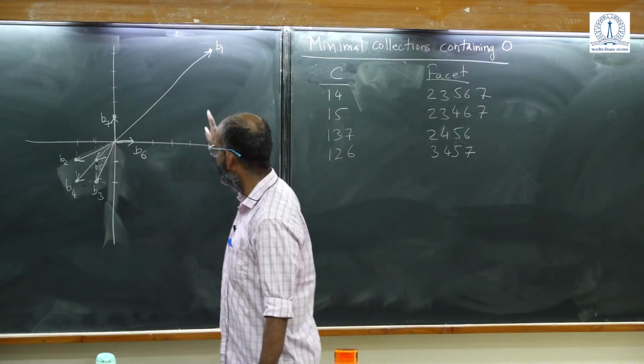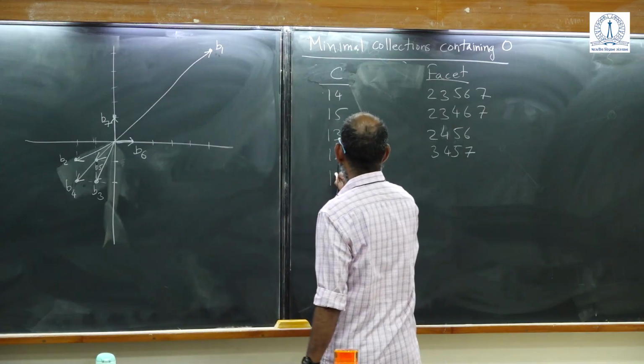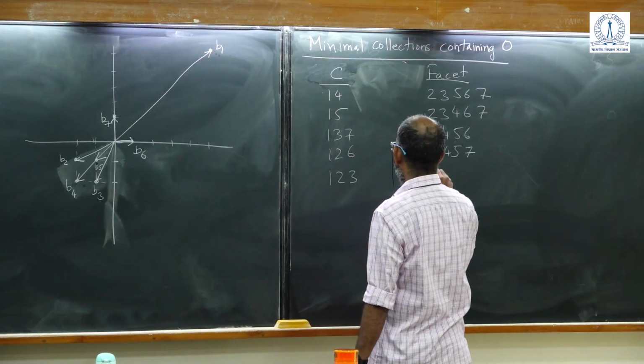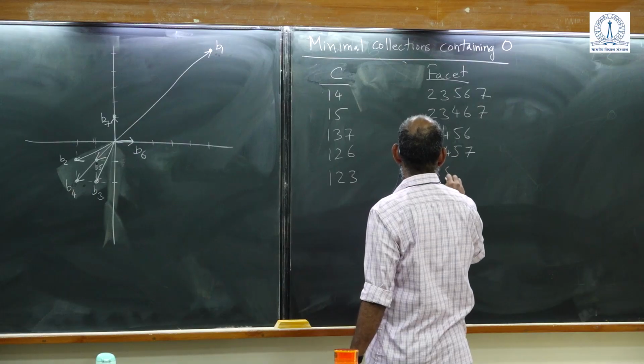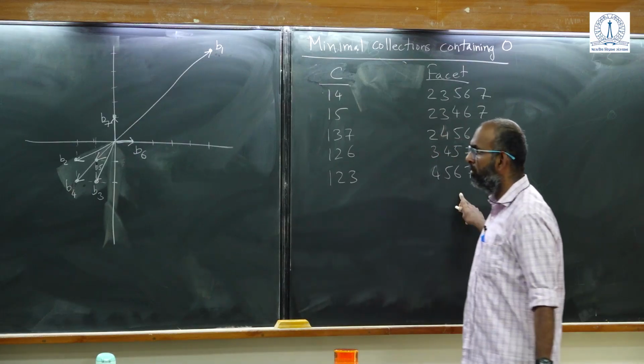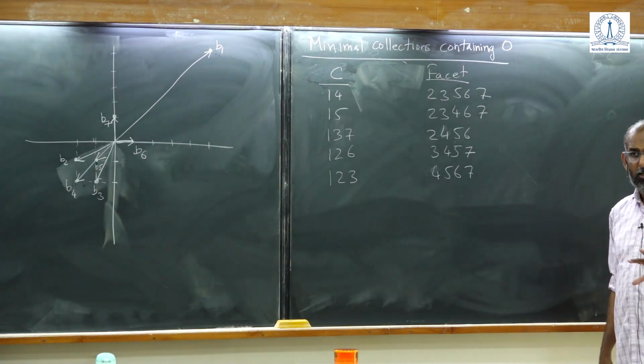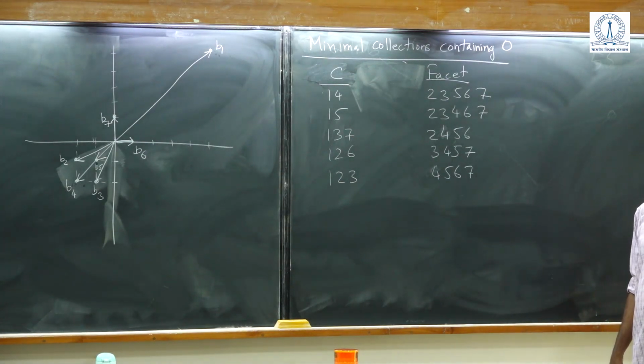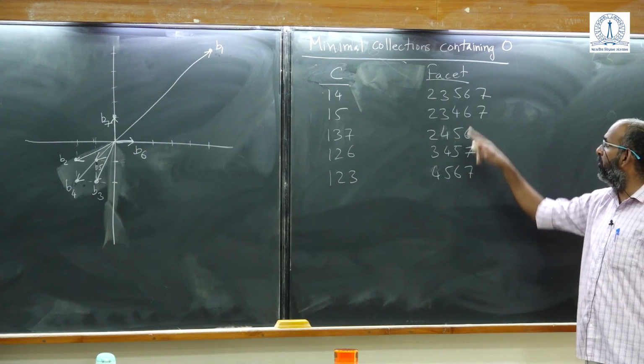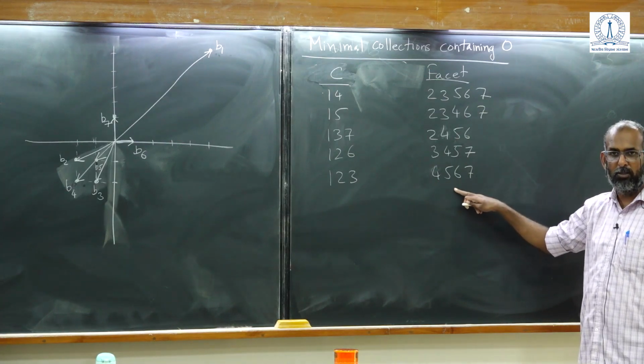Yes, 1, 2, 3 is nice and symmetric. So 4, 5, 6, 7. So the general rule I was mentioning earlier is that you need at least d plus 1 points to span a d-dimensional affine space, right? So no facet will be with 3 points.